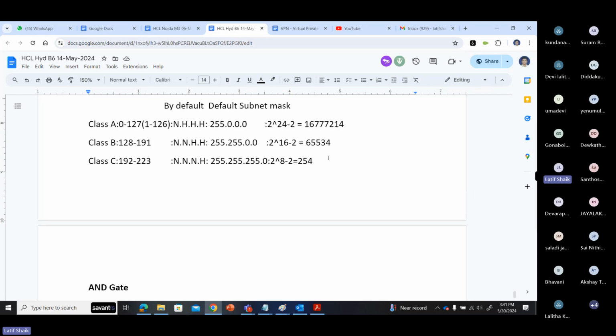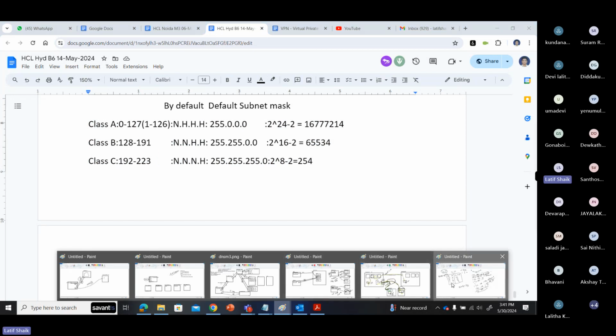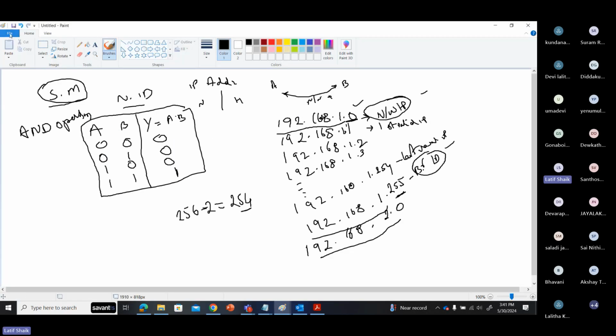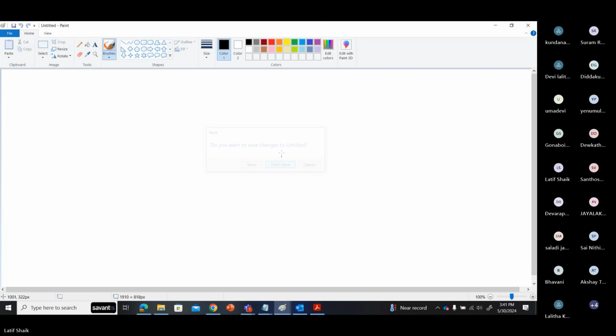Guys, because of this calculation, for example, in my organization I have 100 computers, and my boss tells me to plan the IP addresses and give a suggestion. Which would you pick, class A, class B or class C? I have only 100 computers.